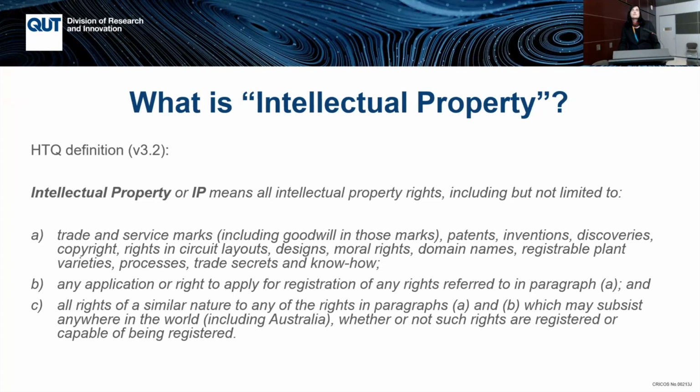Most importantly, you'll see the differences would be where we've included moral rights within the definition of IP. Domain names wouldn't usually fit in there. And trade secrets and know-how generally wouldn't be within that definition either. And we'll have a talk about why they are in there, or at least why know-how and trade secrets are in there as we proceed.